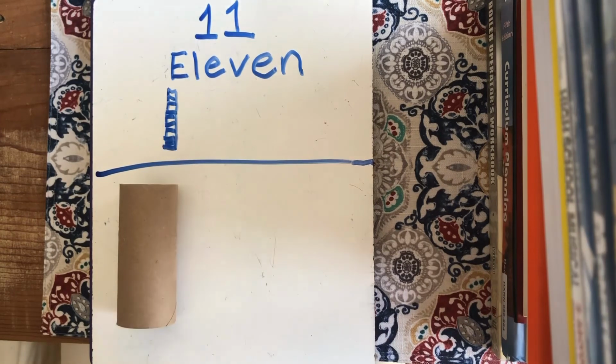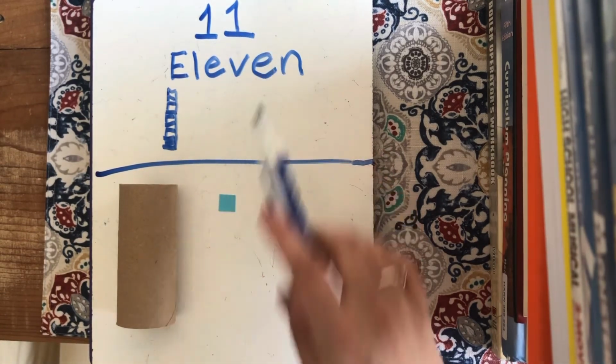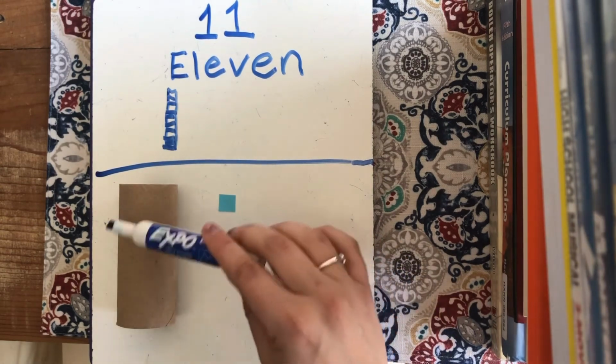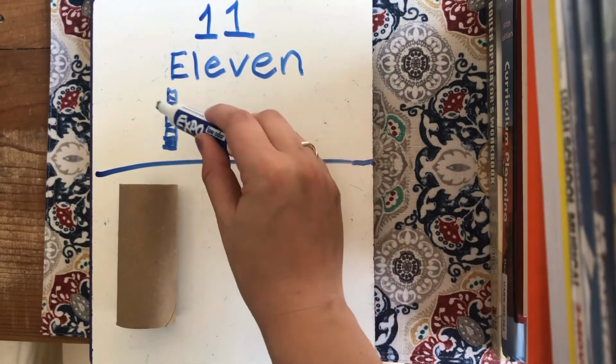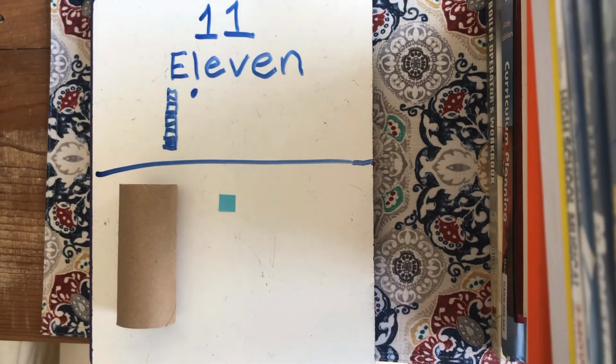And you draw 10 pieces inside to represent that 10. And then it has 1 one. So that's what 11 is going to look like if you put it in place value form. So we've got 10, 11. Good job, everybody.